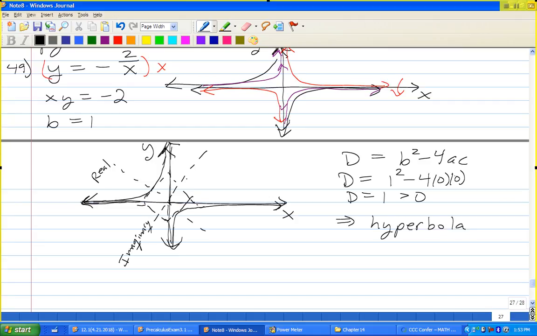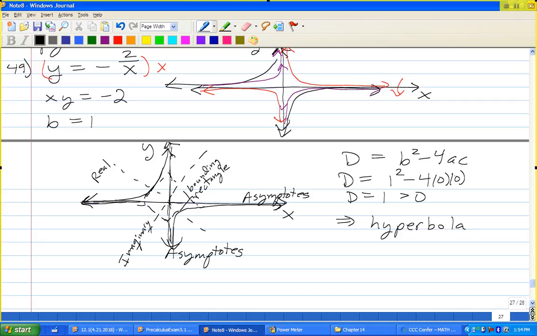Here's my bounding rectangle. And here are my asymptotes, which is what we called them back when we did this way back when. We called these asymptotes the x and y axis. And we also said that you never cross these, you just got closer and closer to these asymptotes, but never crossed them or touched them.